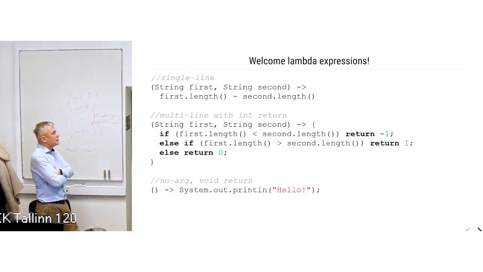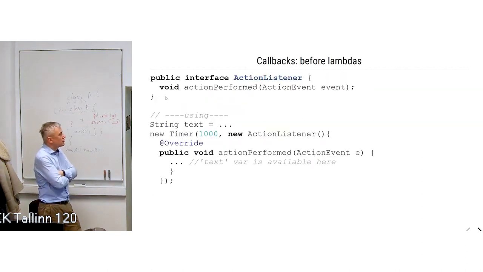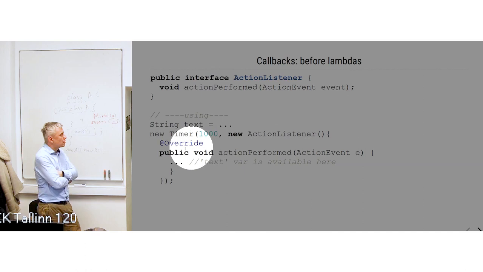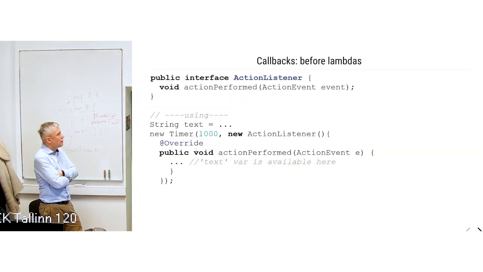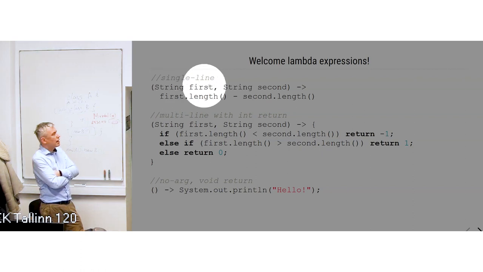So instead of passing this anonymous class here, creating this anonymous class like this action listener, where we are overriding this method, we just write it like this: a single line lambda expression that takes two arguments, string first, string second, and it returns integer.